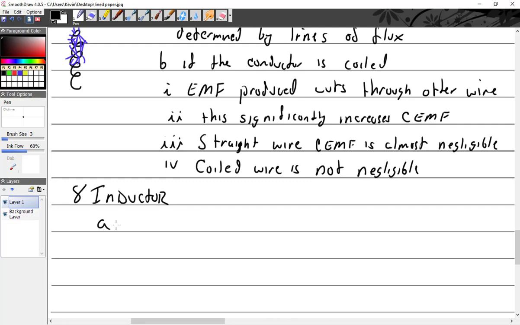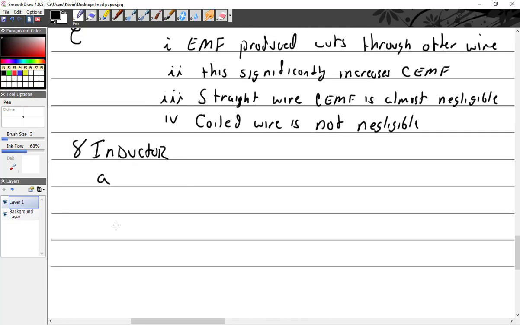Is the force of the field in a coiled wire additive or exponential? I don't know what I was asking. I think we should just continue.